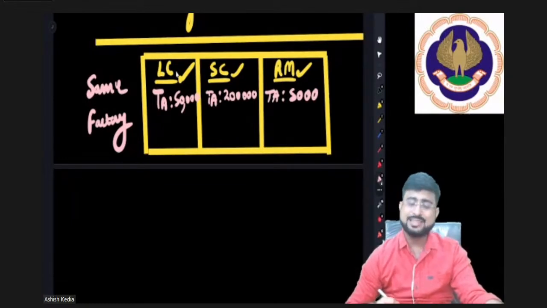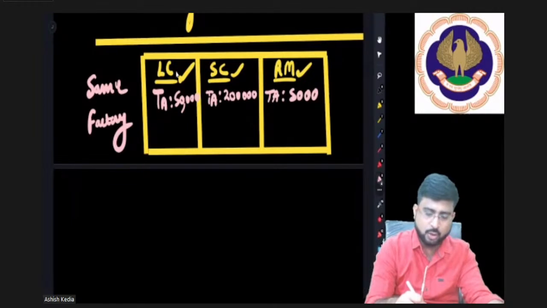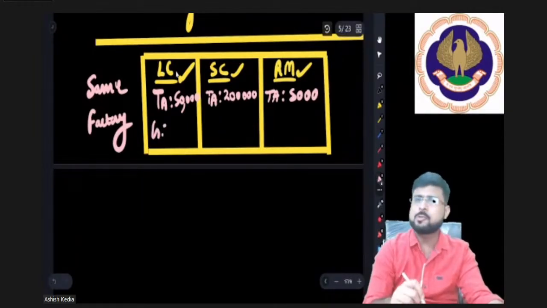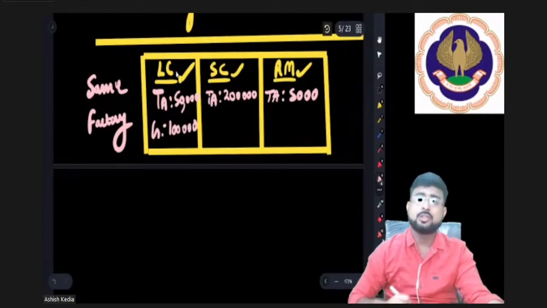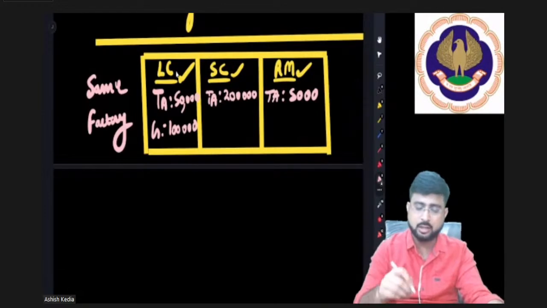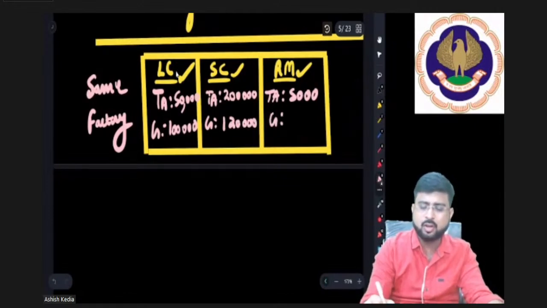Then the luxury car requires, let's say, an automatic gear, which costs 1 lakh rupees. The sports car requires a gear of, let's say, 1,20,000 rupees, and the normal one requires a gear worth only 25,000 rupees.